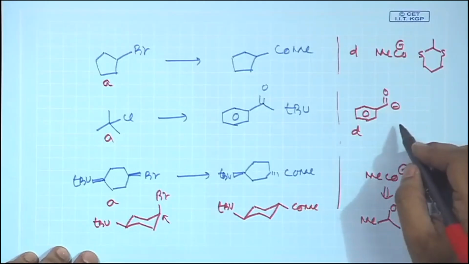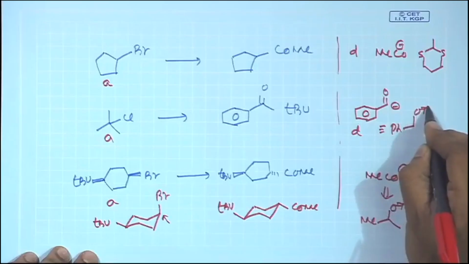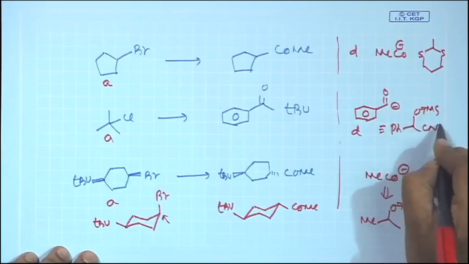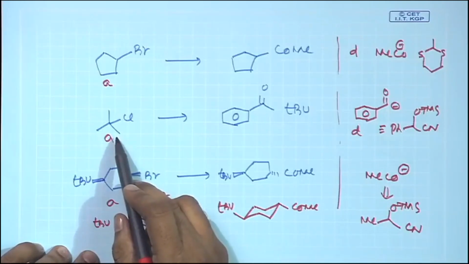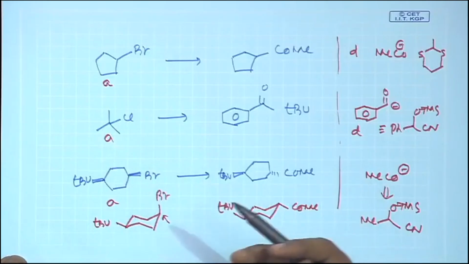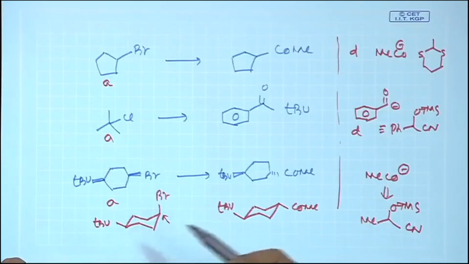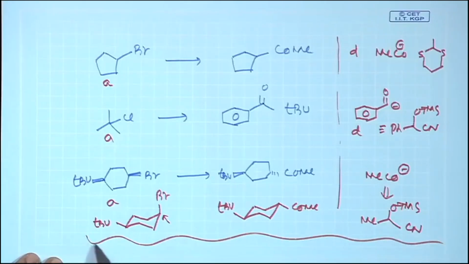This one you can use, the Stork O-protected cyanohydrin, by using the corresponding OTMS CN, and here tertiary butyl chloride, which is sterically bulky, was used as an electrophile. The reaction basically goes well. You probably need to do a little bit of refluxing, or you need to put in thermal energy. So, all these particular transformations you can easily accomplish with the help of your synthetic equivalents.